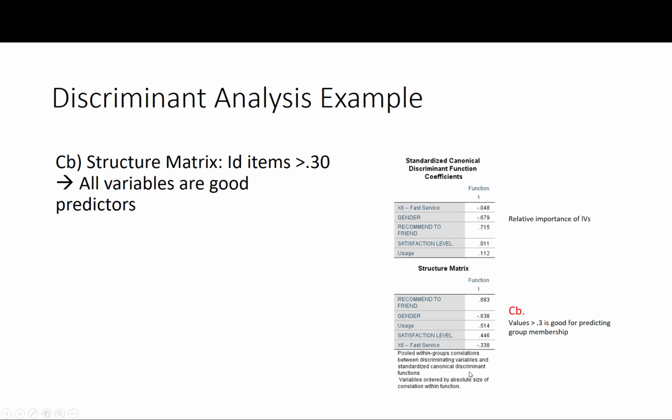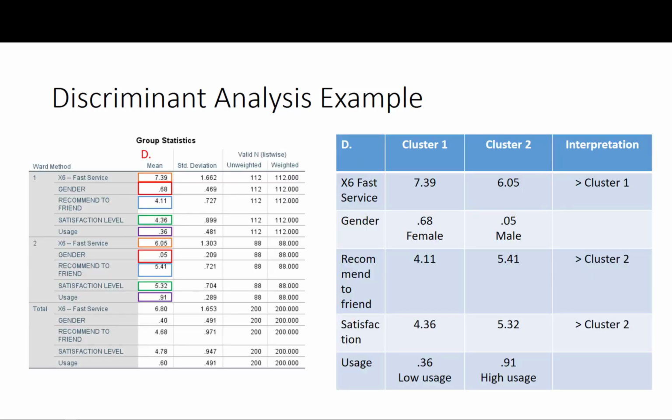And as we can see in our structure matrix table, all 5 of the independent variables, Fast service is the lowest at 0.338. They are all above 0.3, so again, all variables are good predictors of cluster membership between 1 and 2. So we are keeping all of our variables in the analysis.